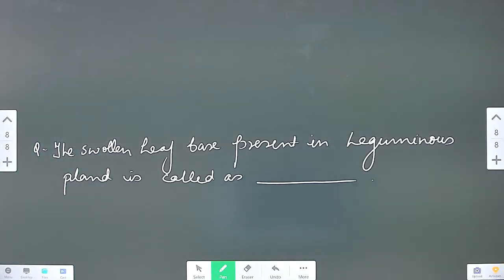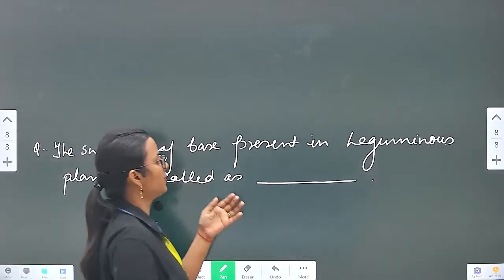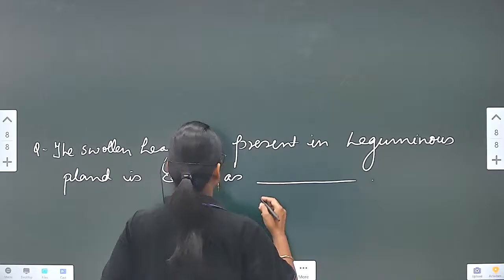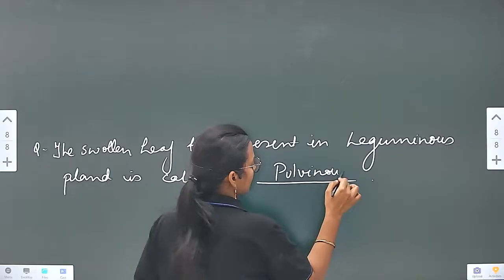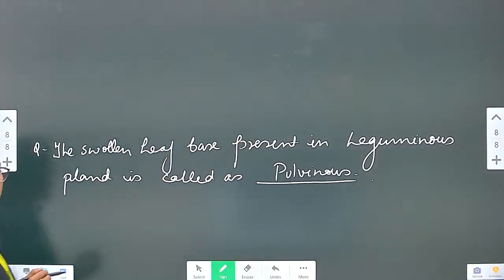What do we call it? The swollen leaf base. Yes, the swollen leaf base present in the leguminous plant is called as pulvinus.